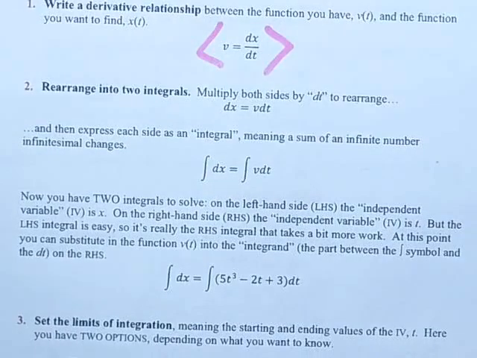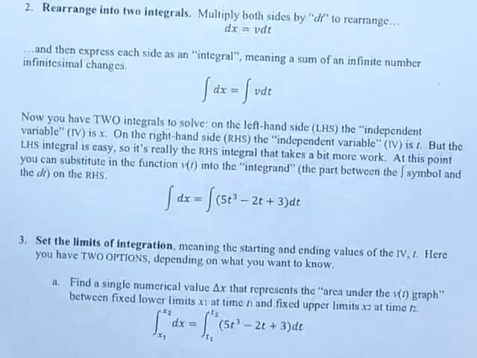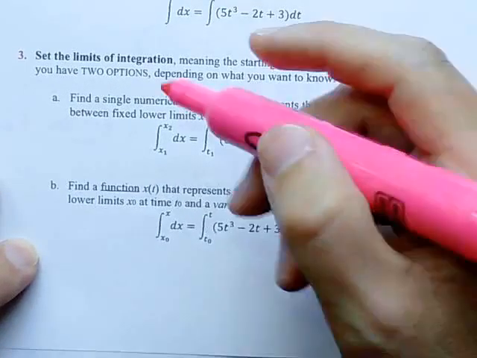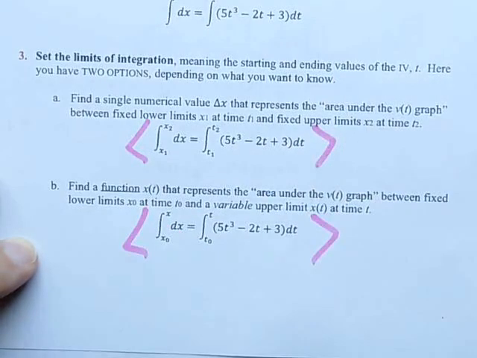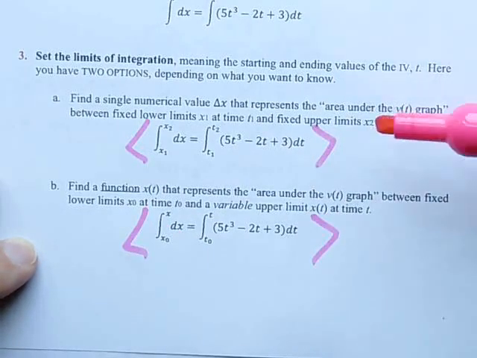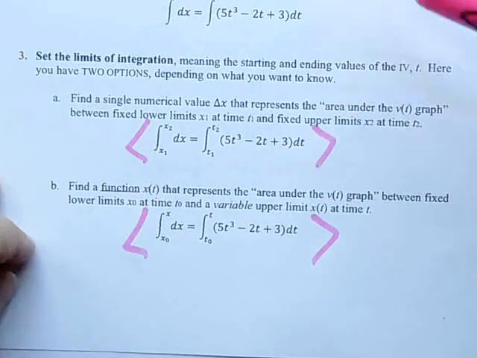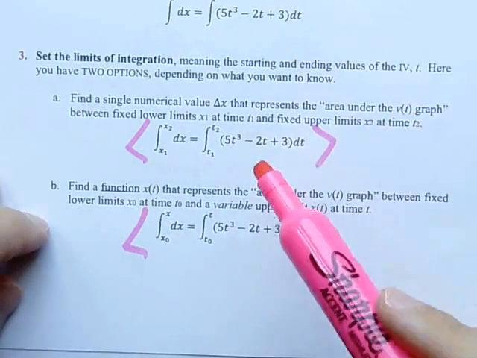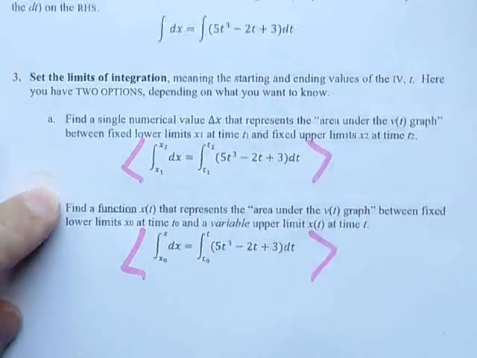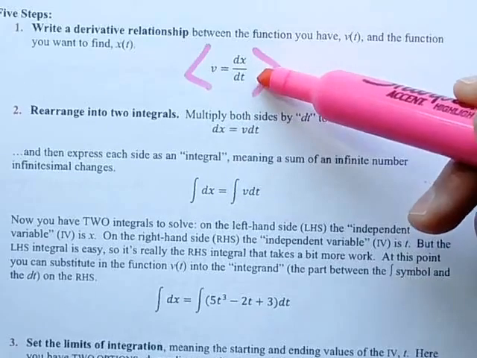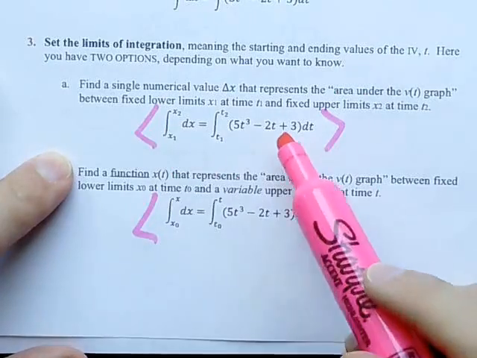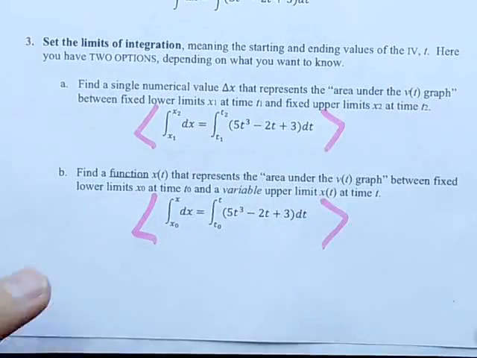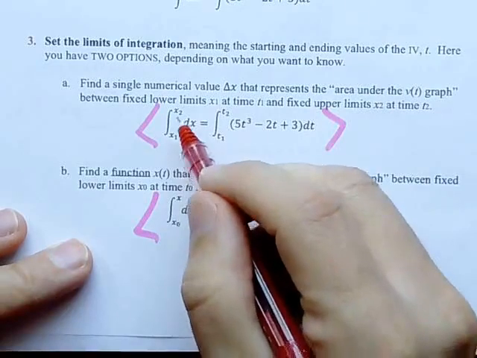The next thing that has to be on your page is either this line or this line, depending on whether you're doing option A or option B. So the next thing that should be on your page is you showing that you've rearranged this derivative into two integrals, a left-hand side integral and a right-hand side integral, with your upper and lower limits indicated.